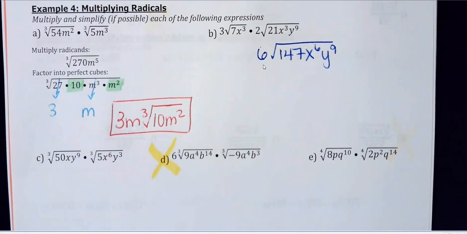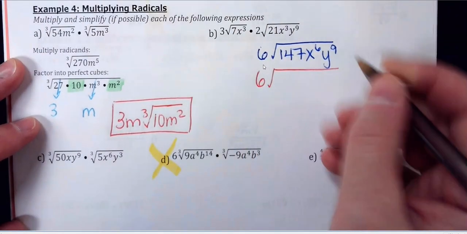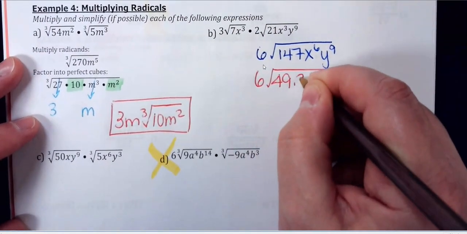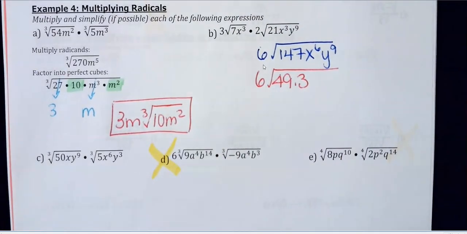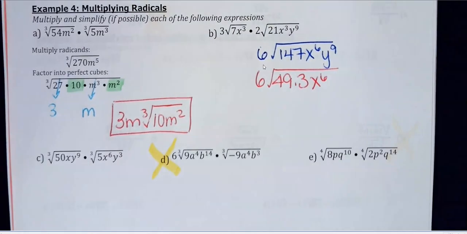Anybody know the biggest perfect square that will divide into 147? 49, yeah. All right, so I'm going to rewrite this real quick. 147 is 49 times 3. And I'm working with the square root, so I'm looking for an exponent divisible by 2. So I wouldn't break apart the x to the 6, because 6 is already divisible by 2. I'm just going to leave that alone. Y to the 9th, 9 is not divisible by 2.